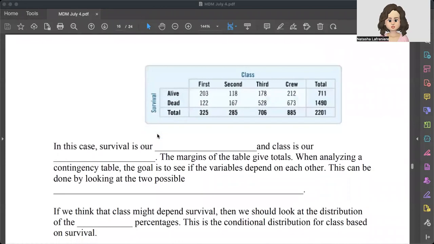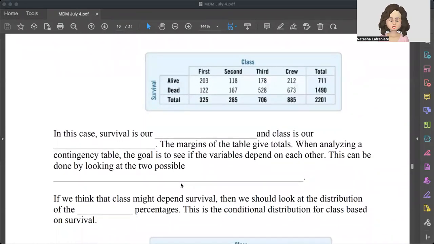Okay, so here's our table. In this case, survival is our row variable, and class is our column variable. The margins of the table give totals.